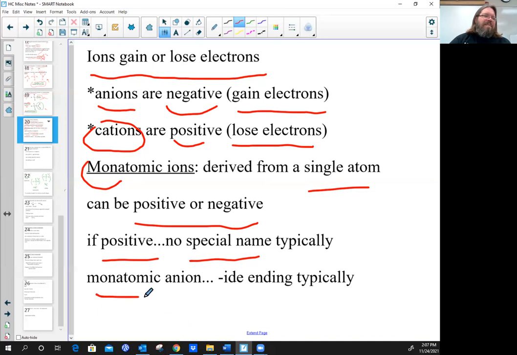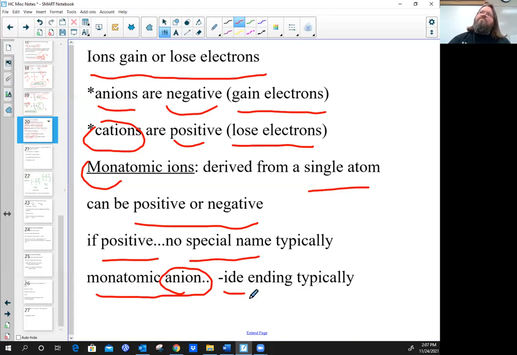If it's a monatomic anion though, and this is kind of weird, right? Then the monatomic anions will typically have an IDE ending. So if you look at the -1 or -2 ions on your common ion sheet, like group 17 has fluorine, chlorine, bromine on it, okay?